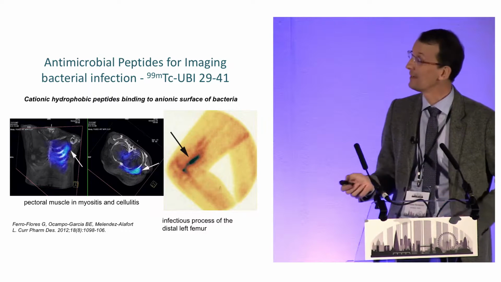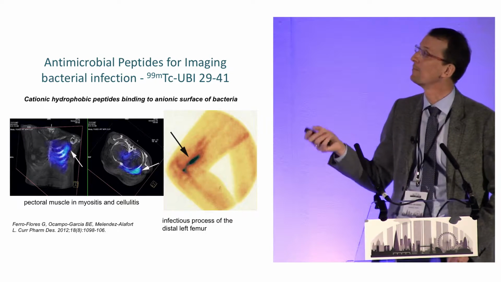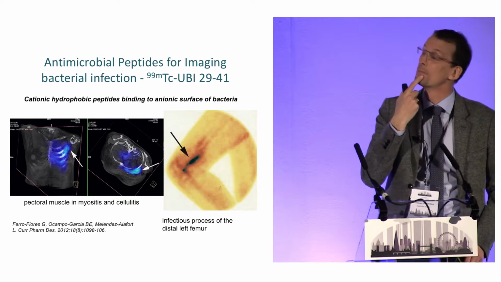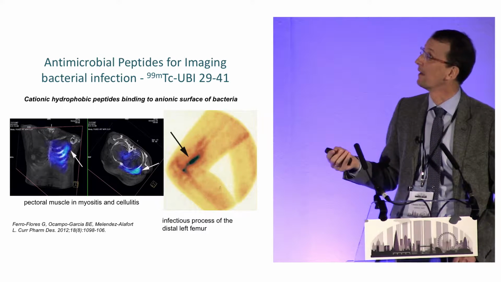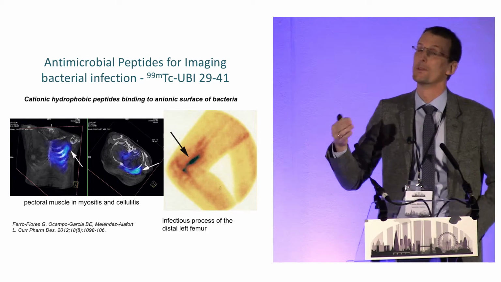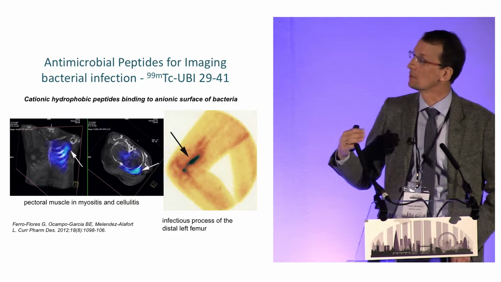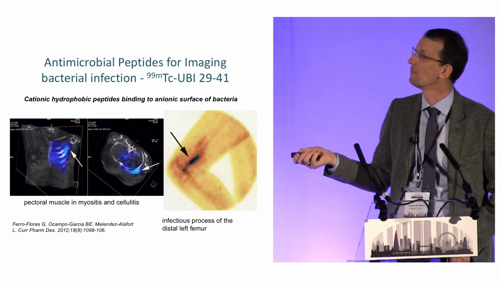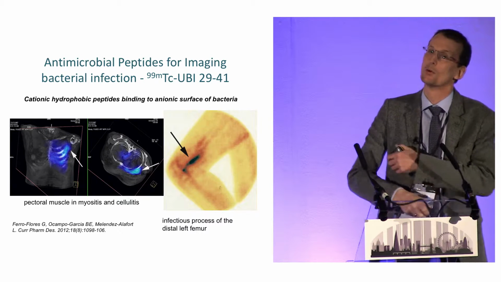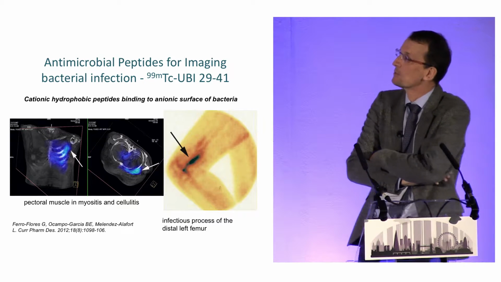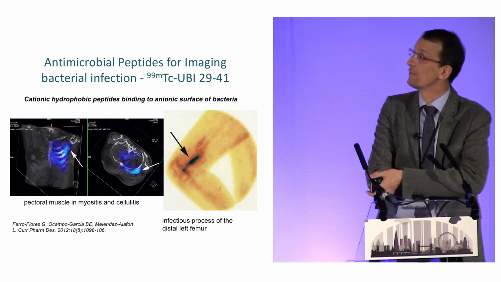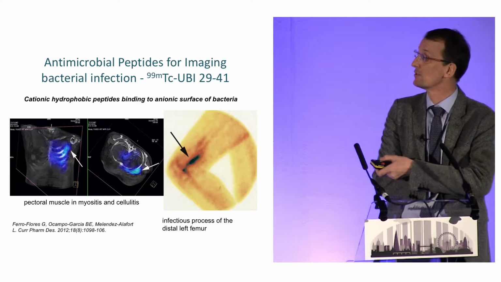And an example which is maybe a more specific attempt, again SPECT and nothing to do with fungal infections: people have labeled an antimicrobial peptide, UBI, with a radionuclide, and used this also in patient studies, and they have presented some images that show some potential specificity of such an attempt to get a more specific imaging signal of infections in general.